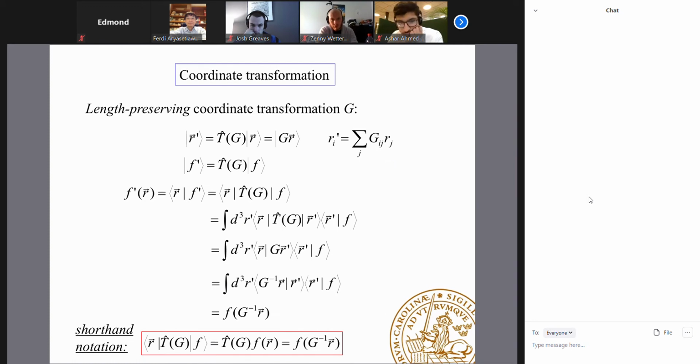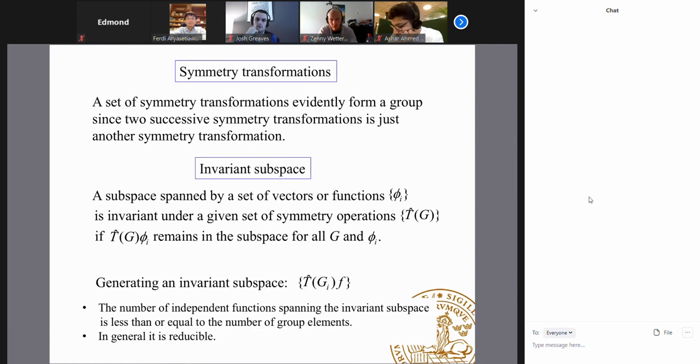So what do we have next here? Symmetry transformations obviously form a group, because if I perform two symmetry operations on an object, the object always looks the same.